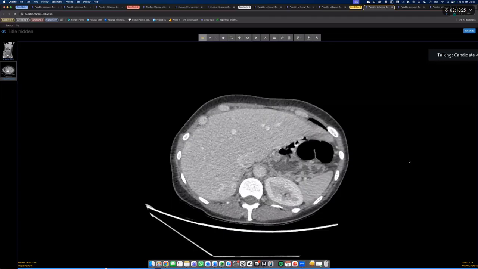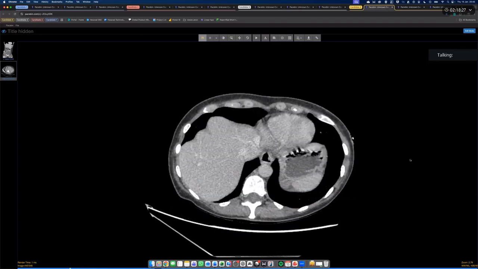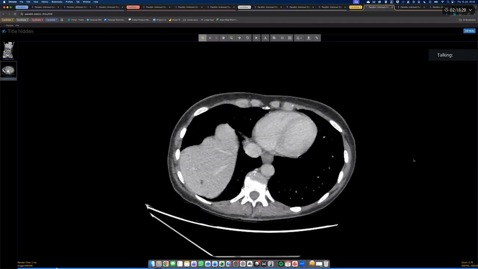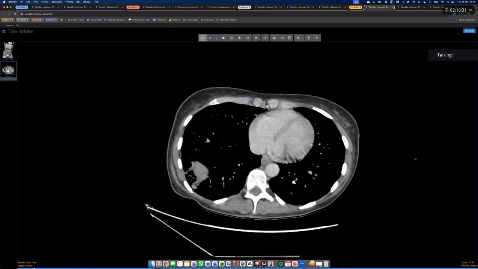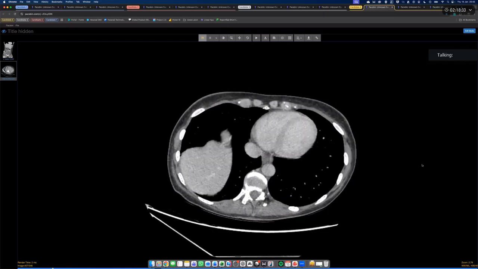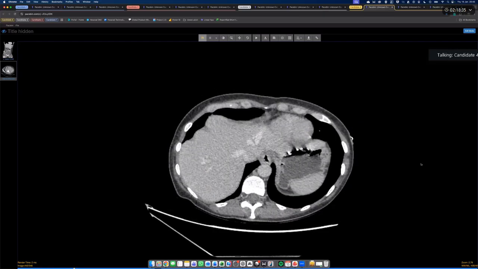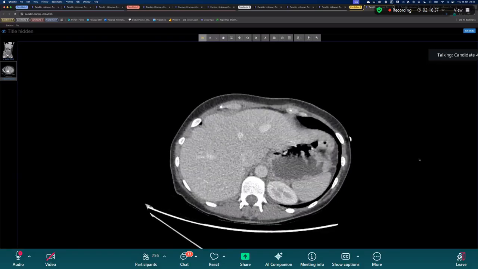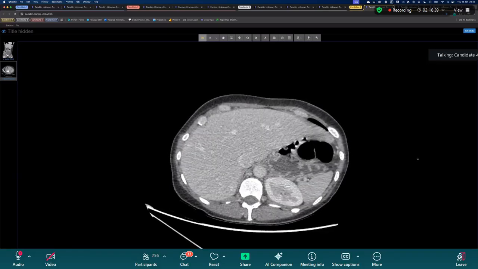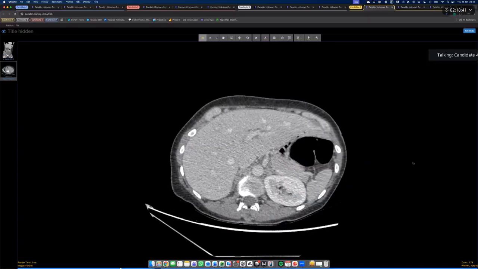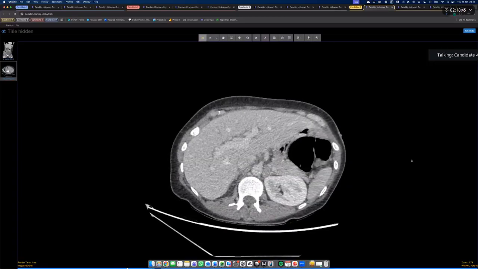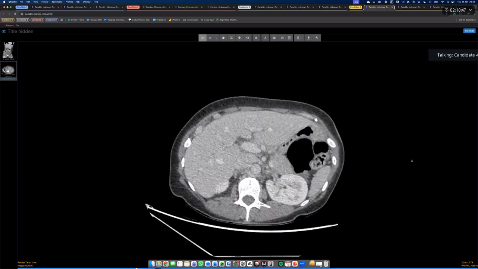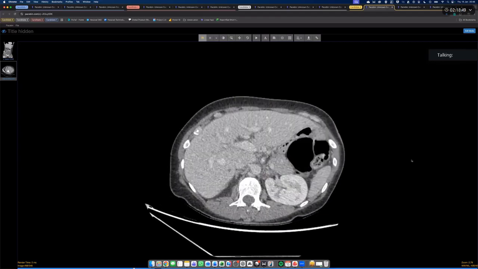Apart from that, the liver appears to be enlarged in size. So I'm going systematically as I could not find an obvious abnormality. The spleen appears normal, and the portal vein appears normal, no evidence of thrombosis within the portal vein.